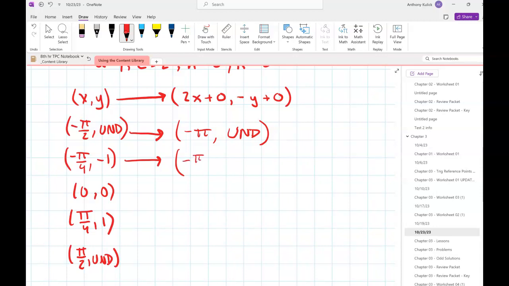So that should be negative pi over 2. And then negative 1 times negative 1 plus 0 is 1. And then, well, 0, 0. 2 times 0 plus 0, still 0. Negative 1 times 0 plus 0, still 0.